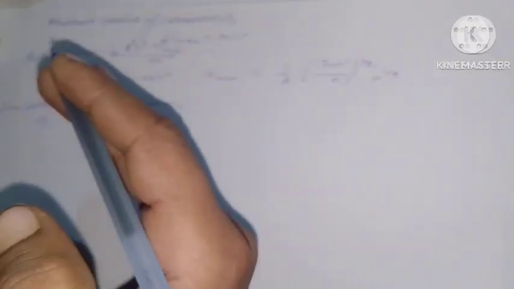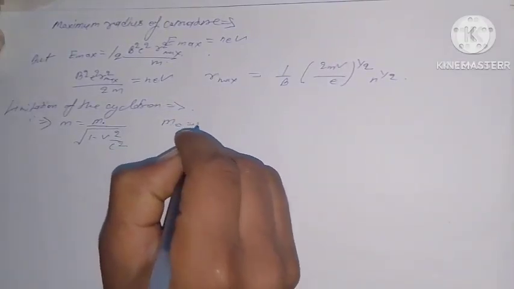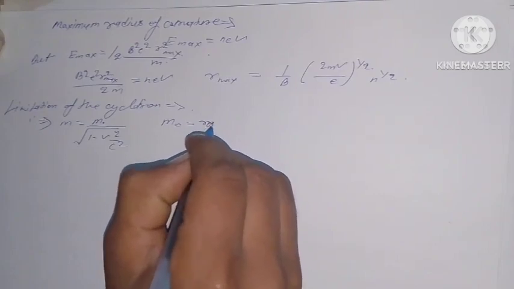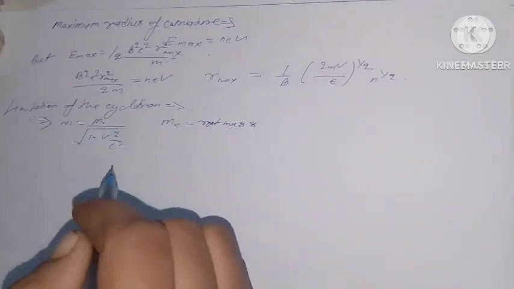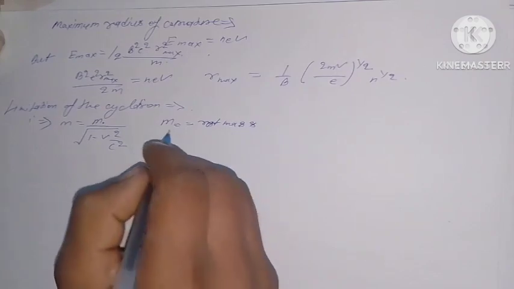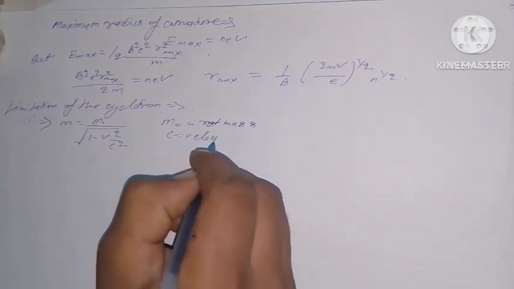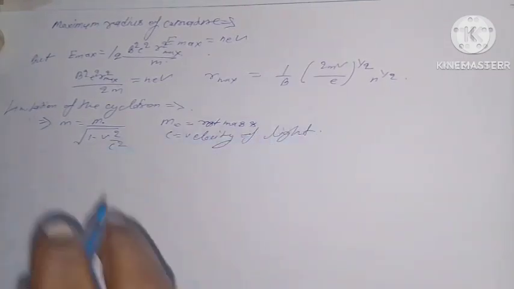The mass of a particle when moving with a velocity v is given by m equal to m naught upon under root 1 minus v square upon c square, where m naught is the rest mass and c is the velocity of light.